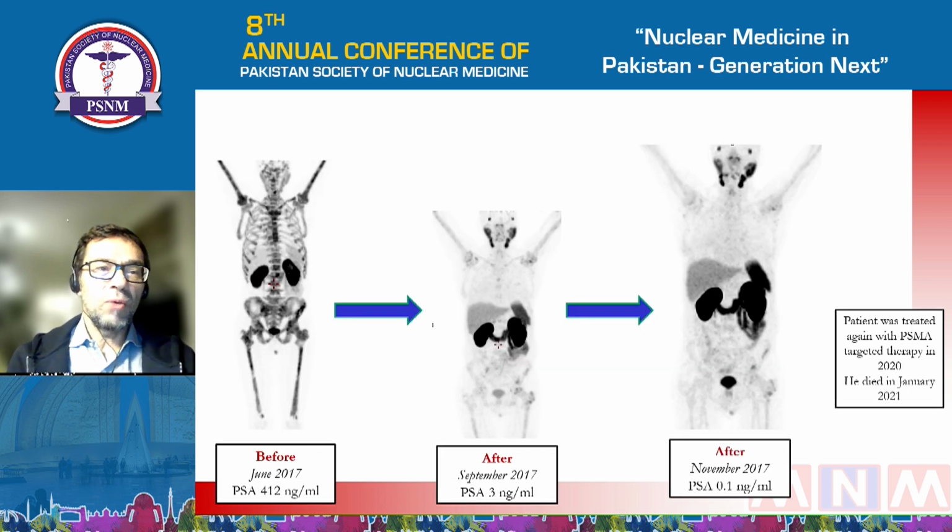It was really one of our first patients, and it was also a colleague, by the way. You see, in 2017, he has a spread of the disease. He went to Heidelberg and was treated with lutetium PSMA with a fantastic response.